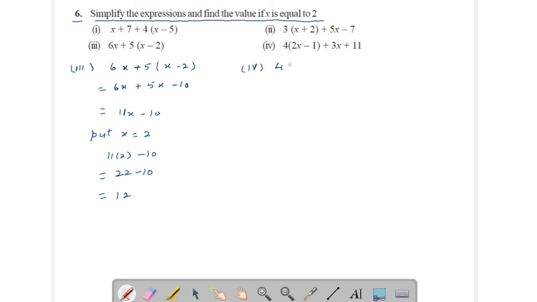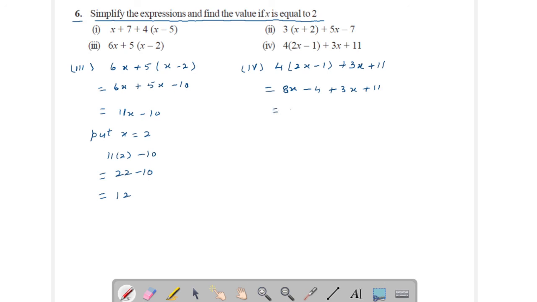Now come to fourth part. It is 4 within the bracket 2x minus 1, plus 3x plus 11. Here open the bracket. 4 is multiplied by each term of the bracket. 4 into 2x, 8x, minus 4 into minus 1, it is minus 4, plus 3x plus 11.